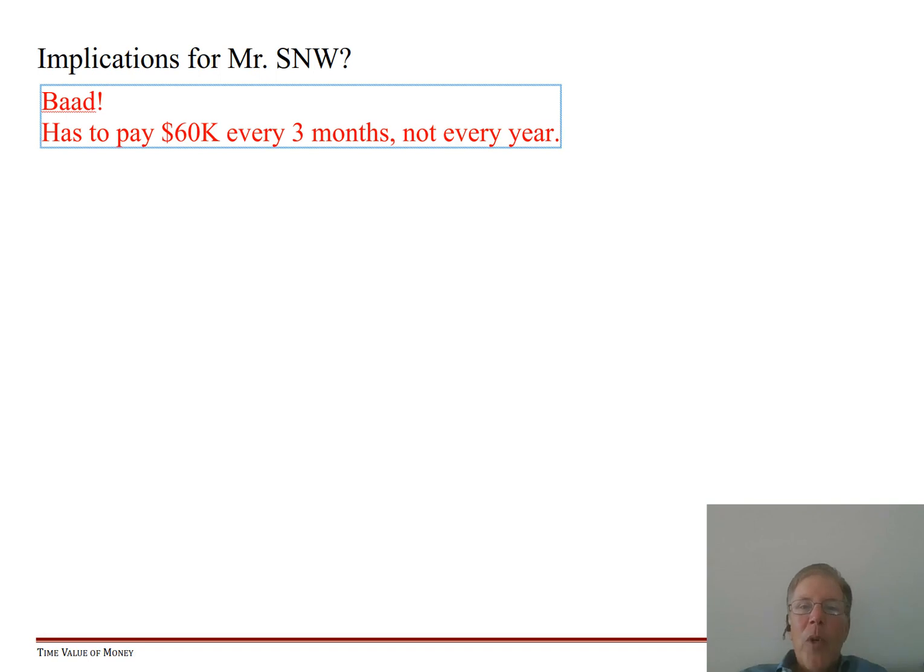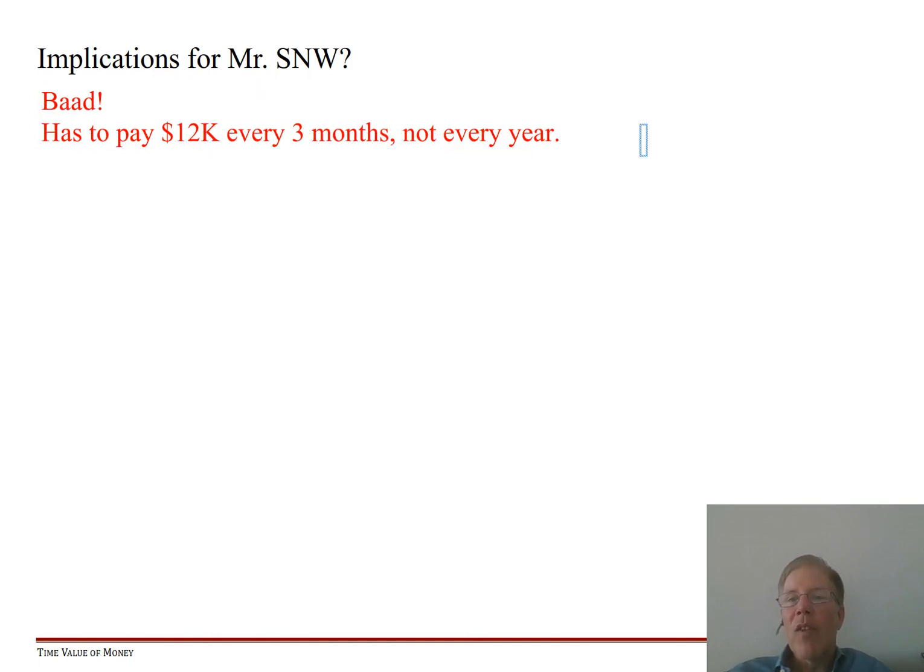So remember, the first lender for Mr. Small Net Worth figured out that the maximum he could pay per year, sorry, it's not 60K, it's about 12K. The maximum he could pay per year was a little more than 12K, not every 3 months. So he's not going to be able to make those payments.